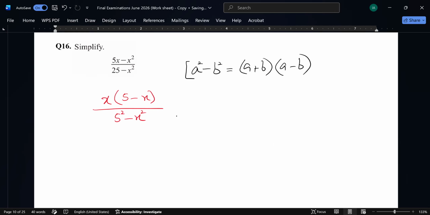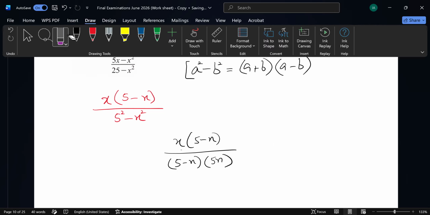Let's apply the identity here. In the denominator, the identity will be applied. It's going to be (5 minus x)(5 plus x).